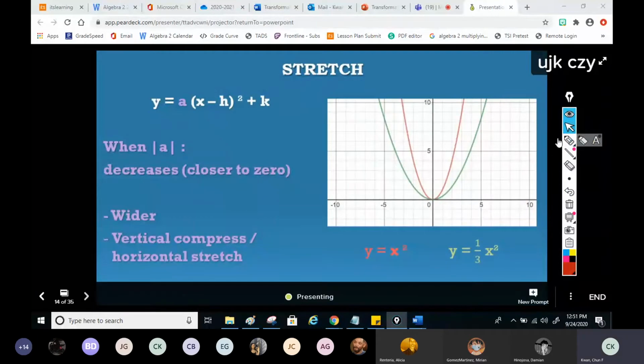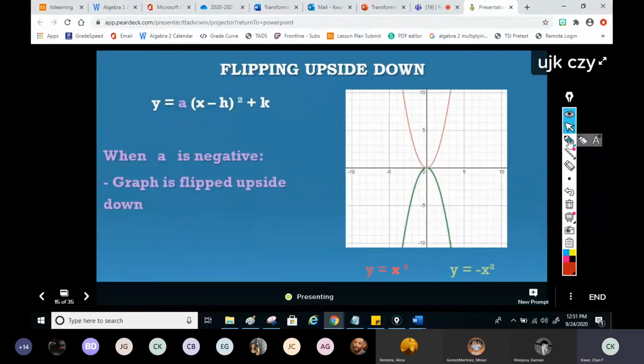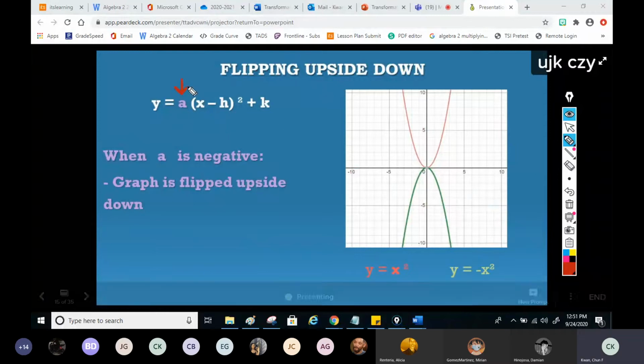All right, moving on. One more thing we have to talk about with A: what if this number is a negative number? If the number A is negative, the graph is flipped upside down.